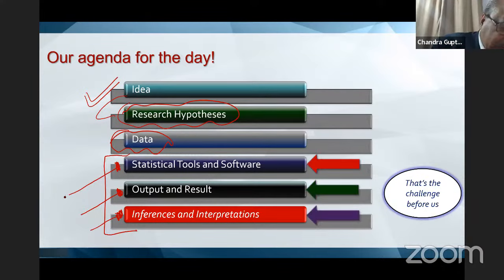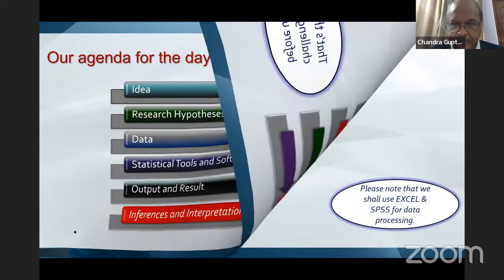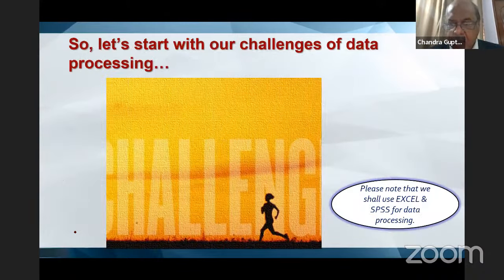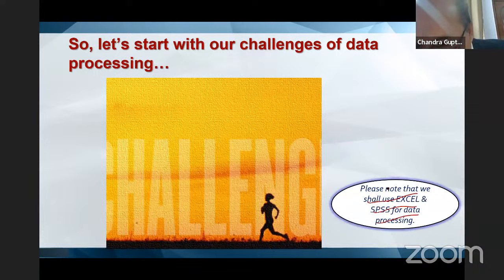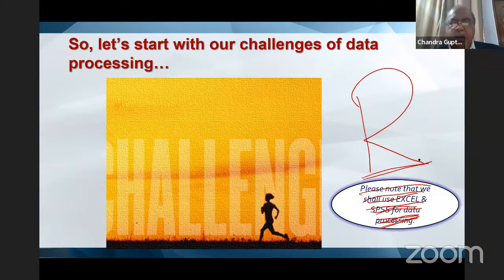So these are the three things we are going to discuss. And I hope all of you are charged with energy and concentration while we discuss it. And we shall not be using Excel in the sessions. We shall be using R for data processing.